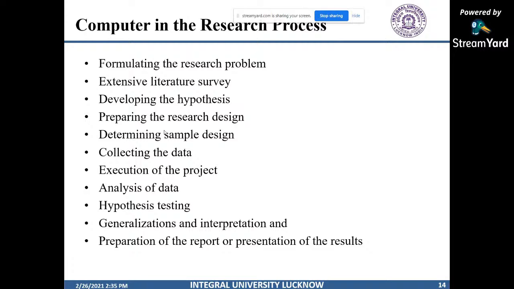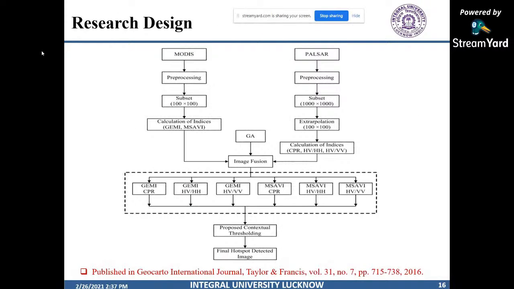So you will be executing the projects, whatever you have done during the literature survey or during data collection, you will be executing those things. After the execution, suppose here this is the data collection, doing some initial processing and all these things, and after doing this, here this genetic algorithm GA is being applied. So this is the execution of this.